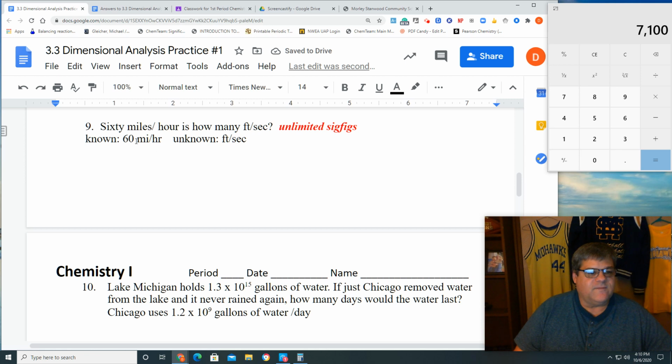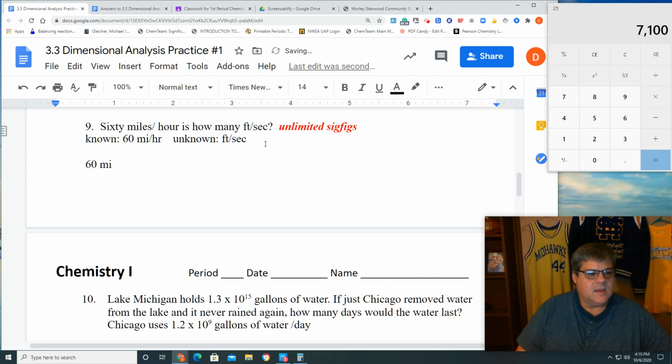So we're going to start right off with 60 miles per hour, and that's how many hours? 1 hour. Okay, so now I have to go from hours to seconds. I'm going to put down 60 miles, and then because it's per hour, we're going to put down 1 hour at the bottom.